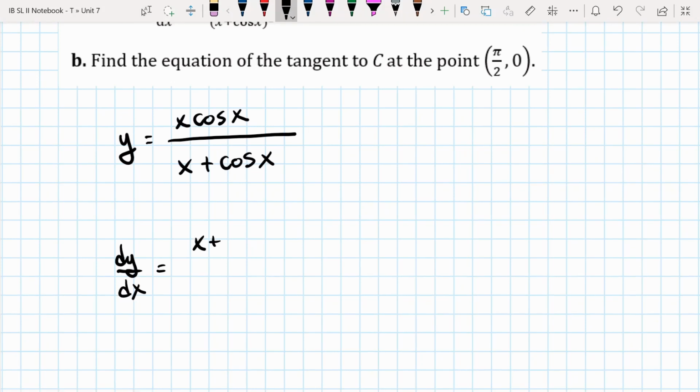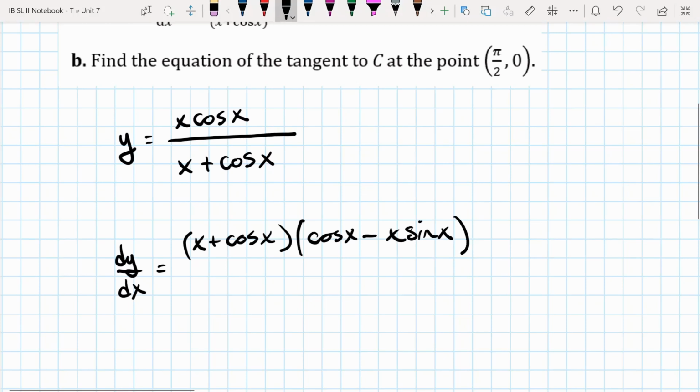So the low function times the derivative of the high function. To find the derivative of the high function, we actually need to use the product rule. So this becomes cosine of x plus x sine of x, but sine is negative, so I'm going to put the negative here in the front.